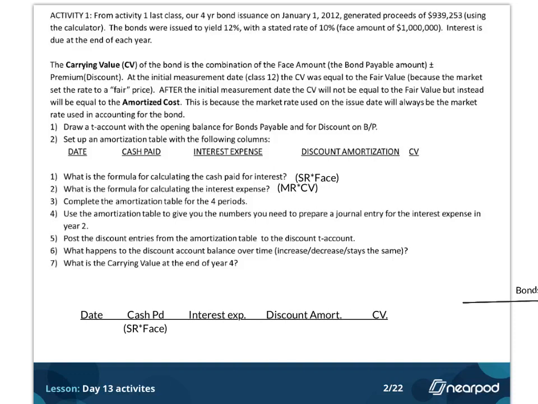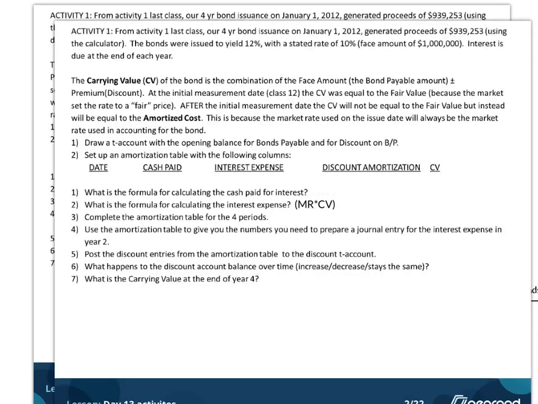So that would be the formula for the interest expense. I'm going to go ahead and put that on my amortization table as well.